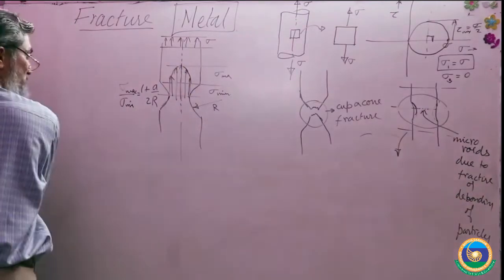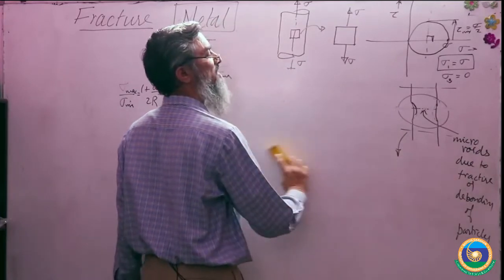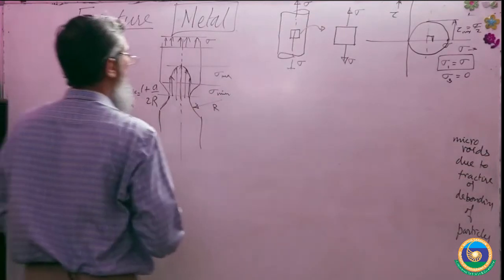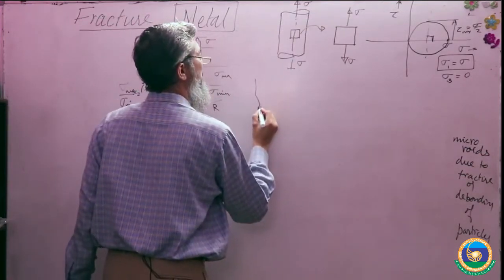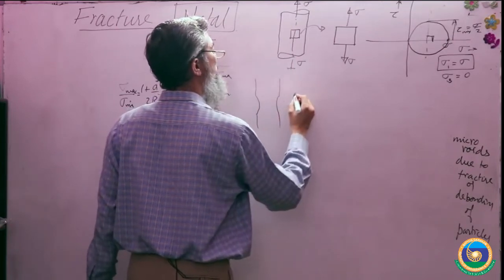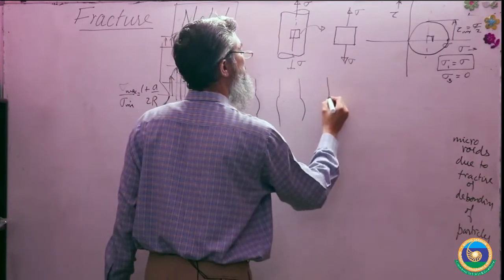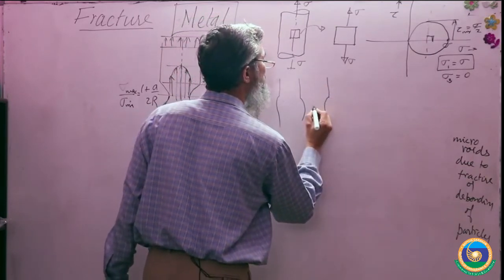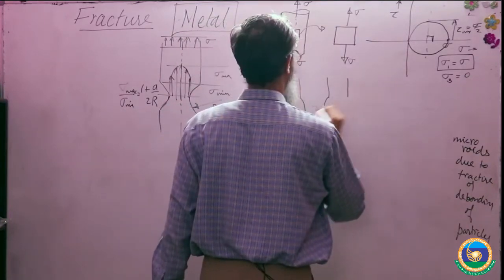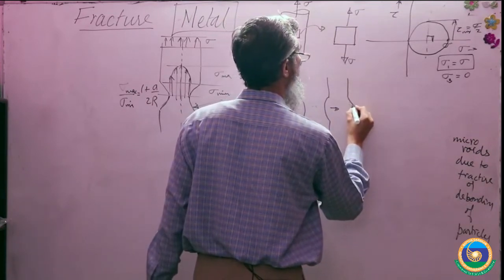We are trying to understand how this cup and cone fracture occurs. As soon as the neck is formed, the stress increases here. Because the stress increases, in the central region there will be some micro voids, and these micro voids will coalesce.